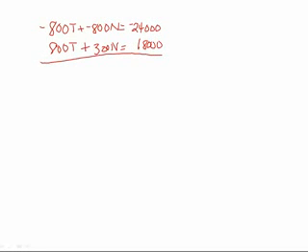All right, so these are going to cancel, and I get negative 500N is equal to negative 6,000. Divide by negative 500.